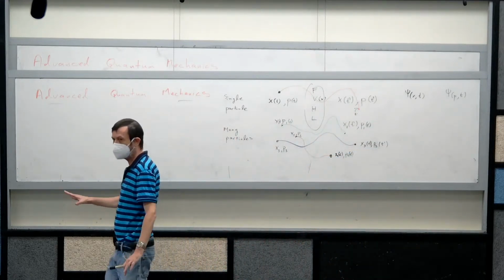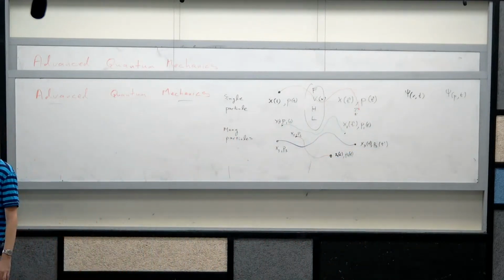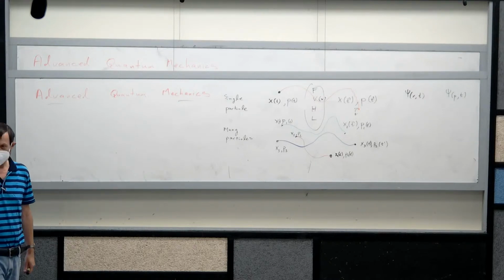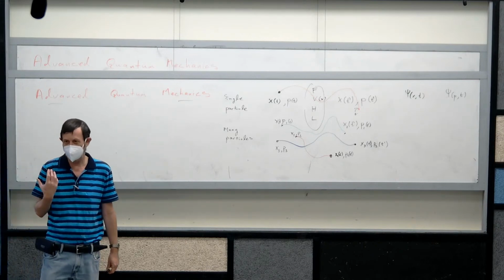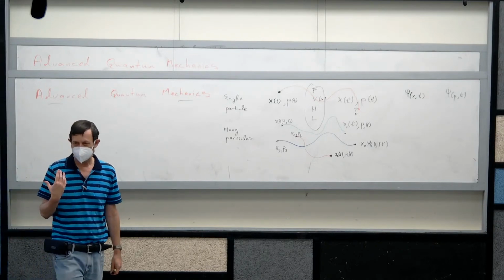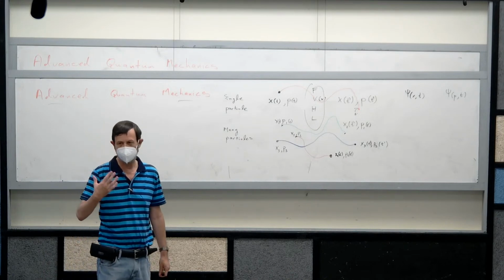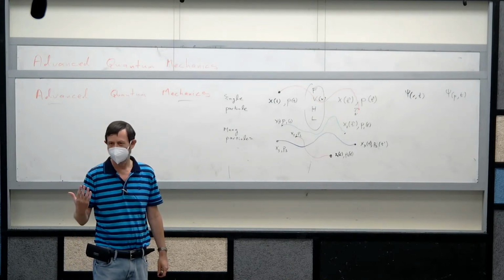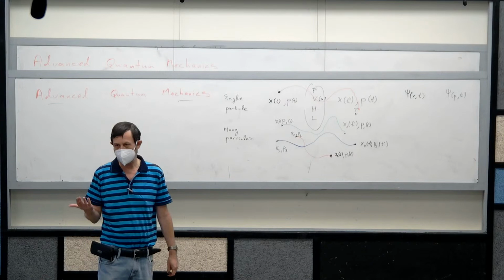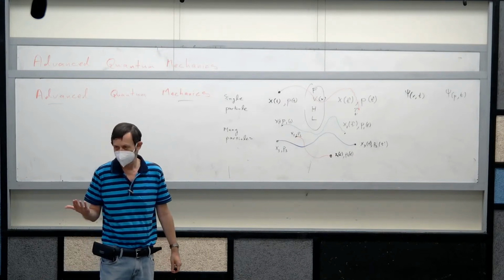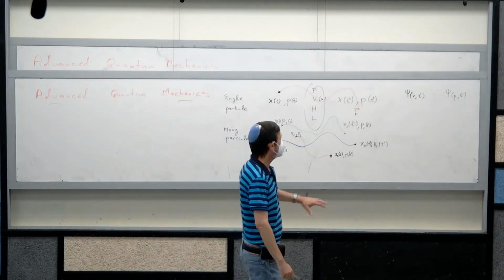The point is I don't have psi of x and psi of p together. If I have one, I don't have the other. And that has a very deep reason, which you know what it's called. The principle of uncertainty. Okay.